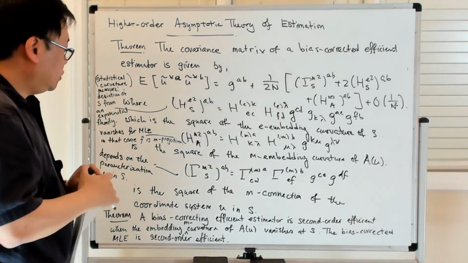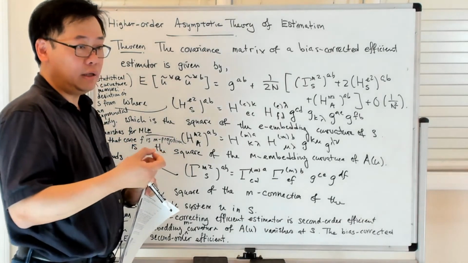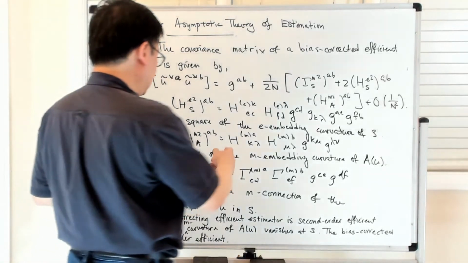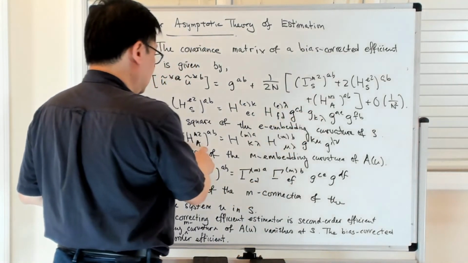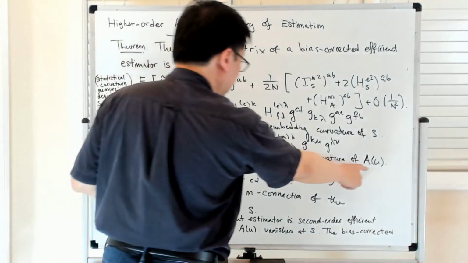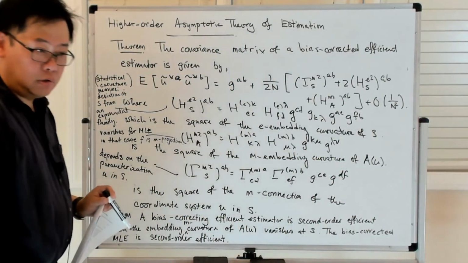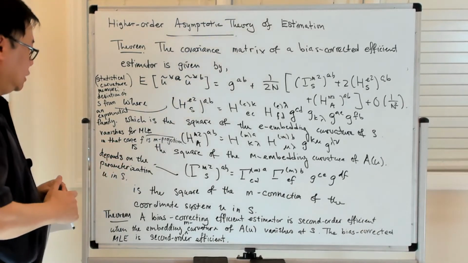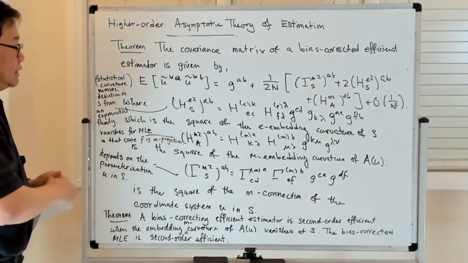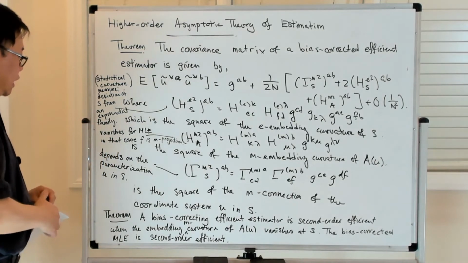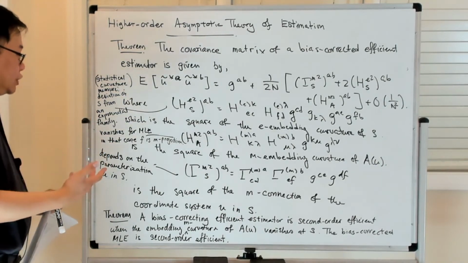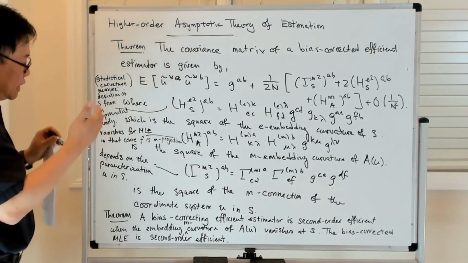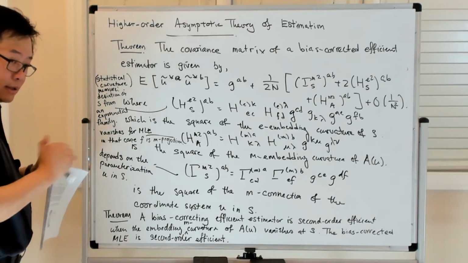The only part you have direct control over is this curvature term, which involves the M embedding curvature of A of U, which corresponds to this choice of projection. And as the remark says, this vanishes when you have the maximum likelihood estimator, because that is just M projection onto the submanifold S.